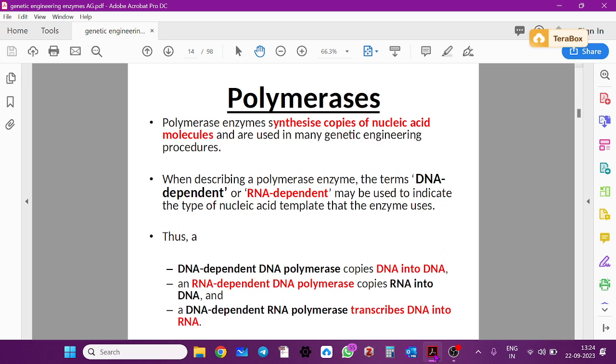This is what we mean by reverse complementary.